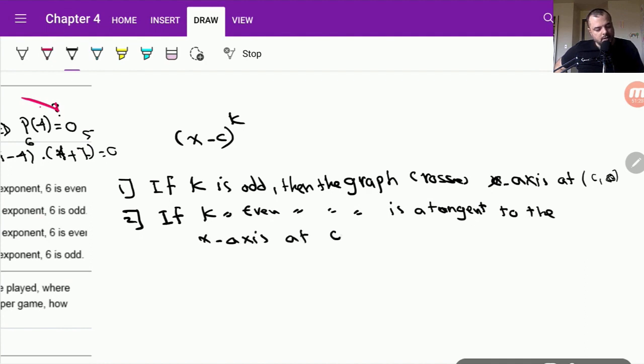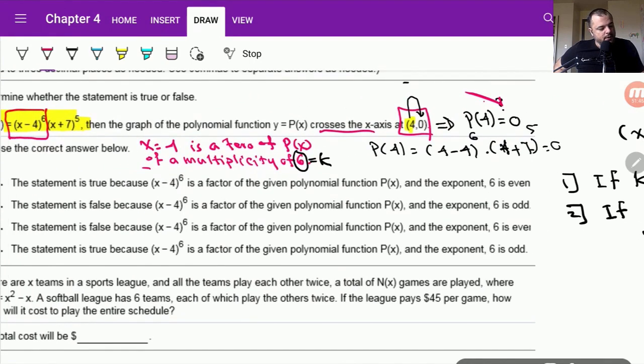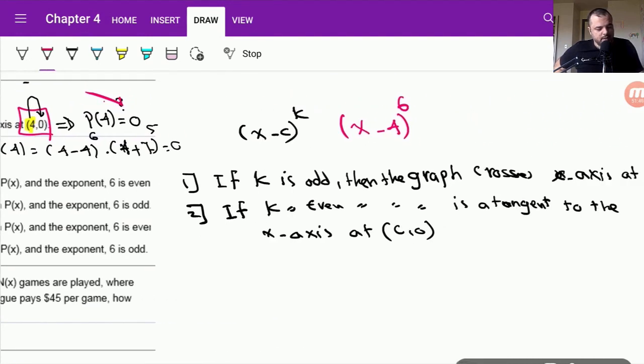At c, which is the 0 of the factor. In our case, which factor are we talking about? This factor, (x minus 4) to the power of 6. So what is c in this case? c is 4 and k is 6, right?